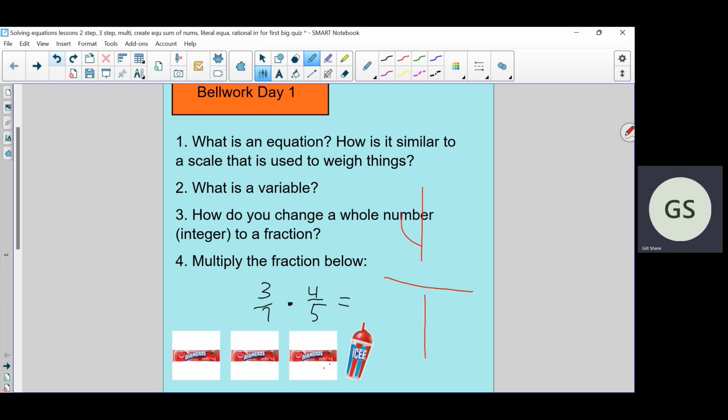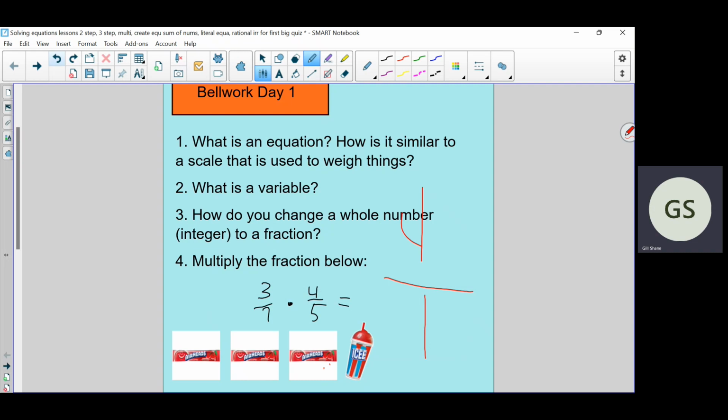So you take the number, change it to a fraction, which means you're putting it over 1. And why does that work? Why can I do that and still say that's really just 4? I'll call on Conan. Conan, why can I do this? How can I just change that to a fraction and say it's still 4?